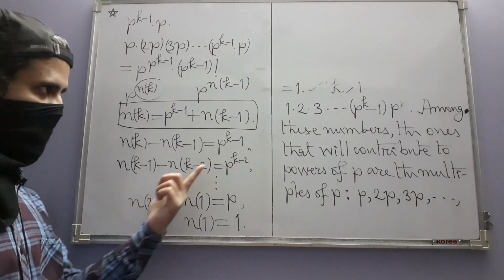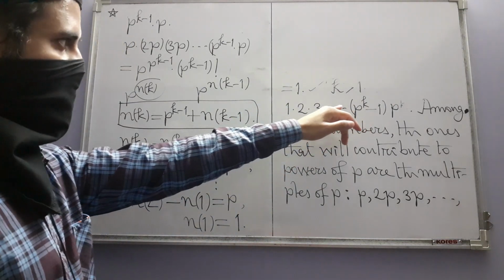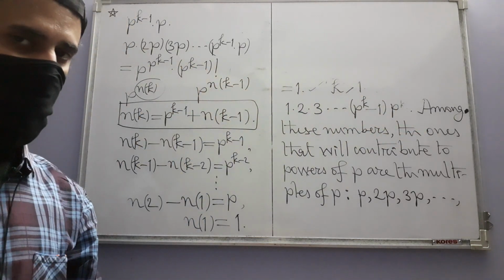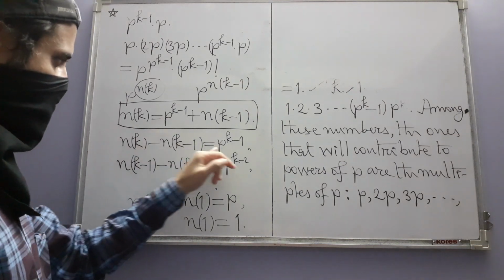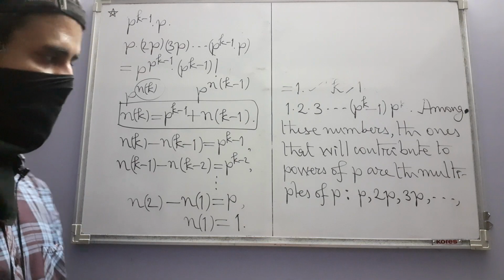For this, you just have to think of the similar situation where the number is not this factorial but rather actually this factorial. That will produce this equation, and then the next lower one will produce this equation. Like that it will go.